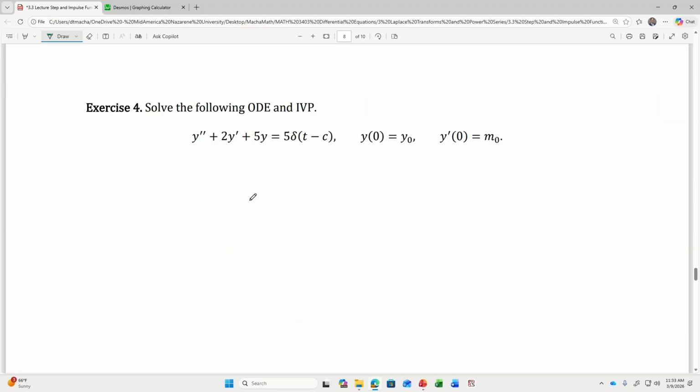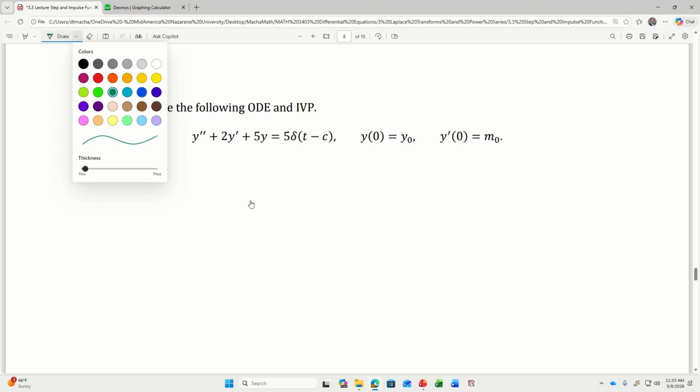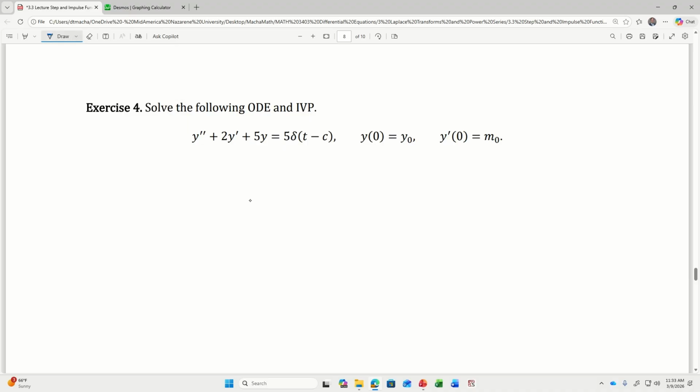Let's do an example with our impulse function, the Dirac delta here. Solve the following ODE and IVP. So we are going to Laplace transform this thing.